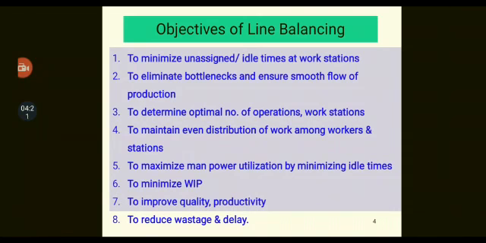Fifth, to maximize manpower utilization by minimizing idle times. Sixth, to minimize WIP. WIP is nothing but work in process. Seventh, to improve quality and productivity. Eighth, to reduce wastage and delay. These are all the objectives of line balancing.